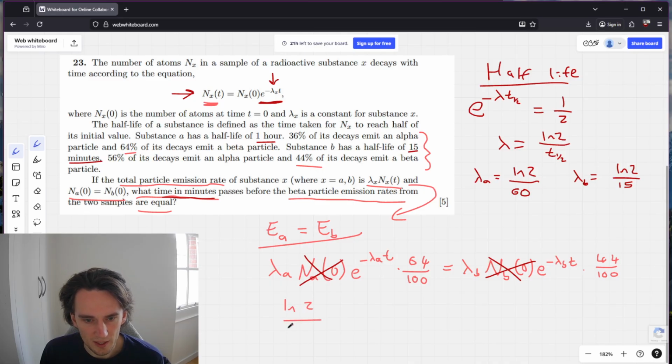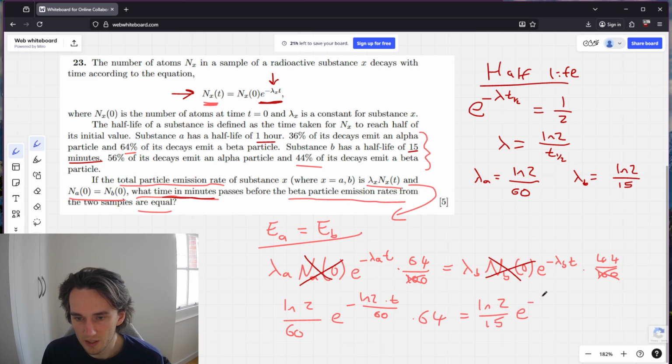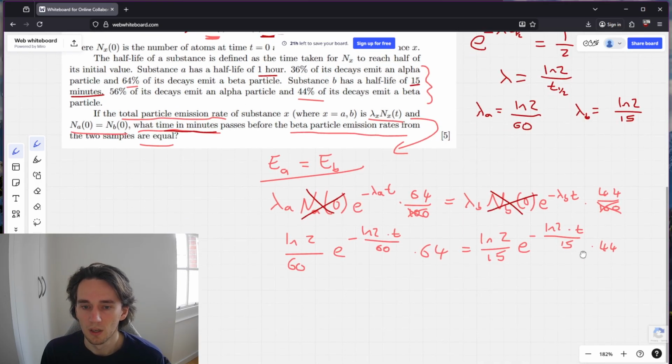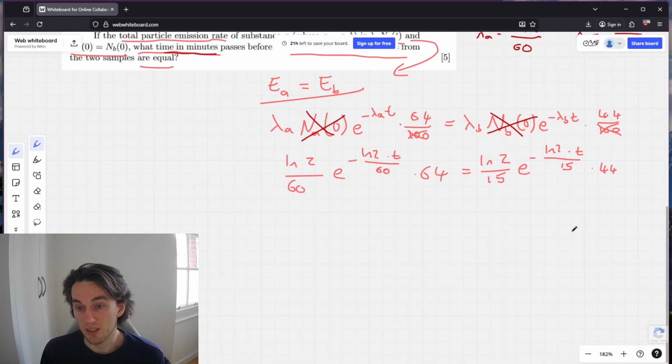So ln2 divided by 60 times e to the minus ln2 times t over 60 times, now I'm already going to cancel these hundreds just to get one step ahead of ourselves. And ln2 over 15 e to the minus, same deal, ln2 times t over 15 times 44.